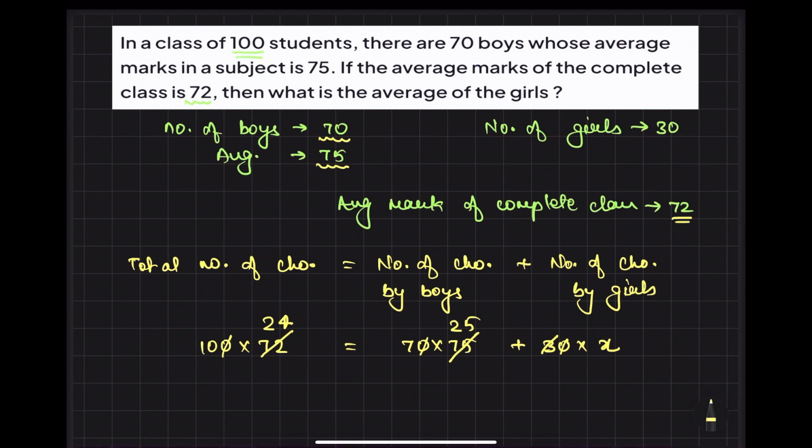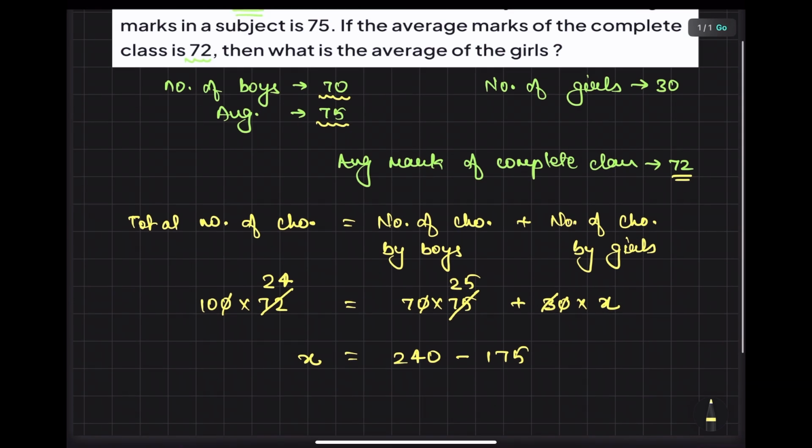Now can I write x equals 240? I will send this thing to this side. So 25 into 7 is 175.